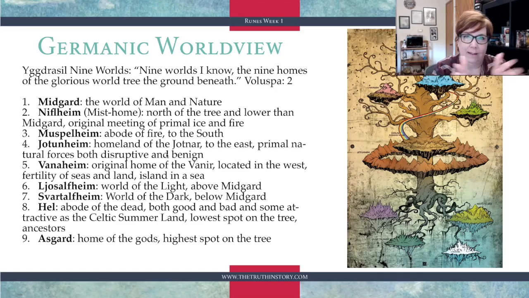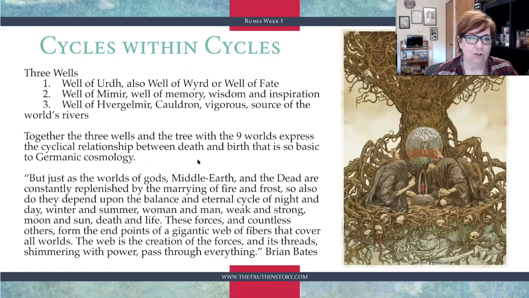These weren't static things; there were intercrossings there. This is the way that they saw the world, and working with runes, when you can step out of a rigid mindset, I think you can tap into that in a beautiful way. So I just wanted to make sure that we talked about that.